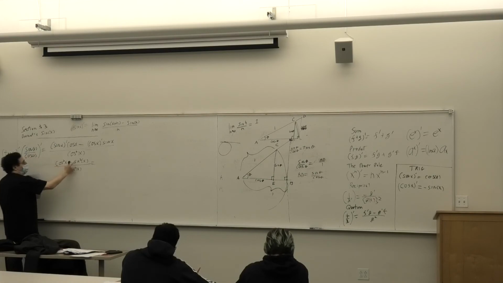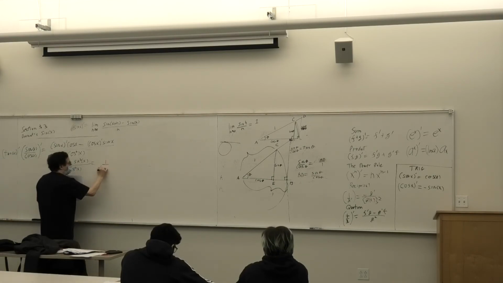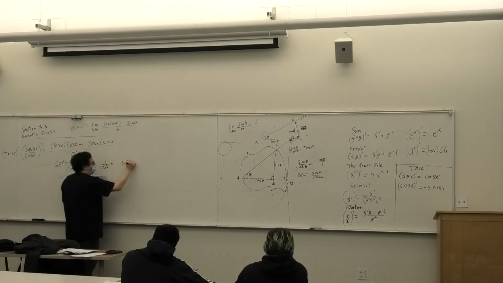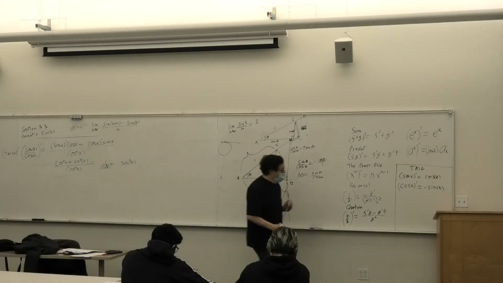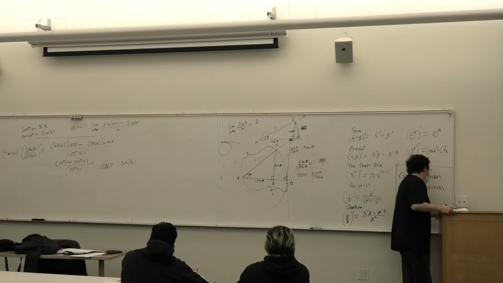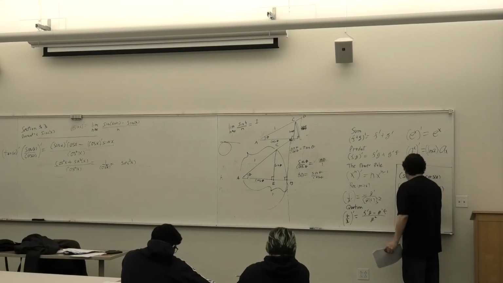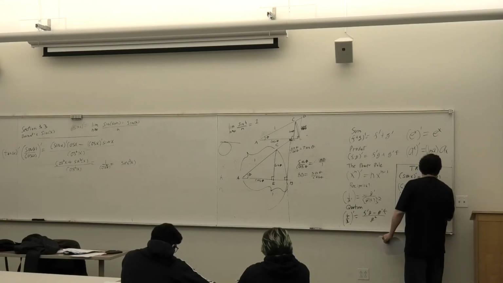But of course, sine squared plus cosine squared is 1. So it's 1 over cosine squared x, which we write as the secant squared of x. This is a useful piece of information to put to memory. Derivative of the tangent x is secant squared of x.